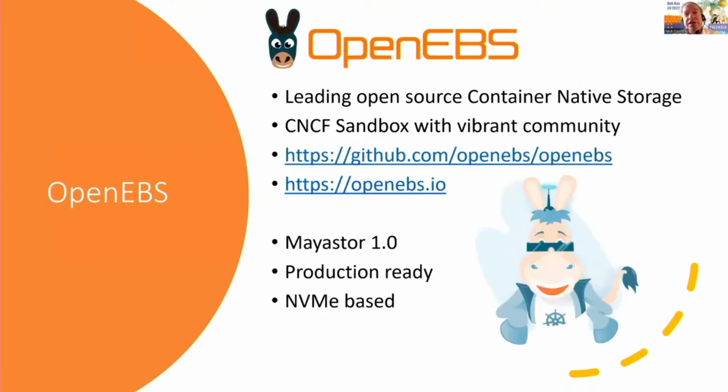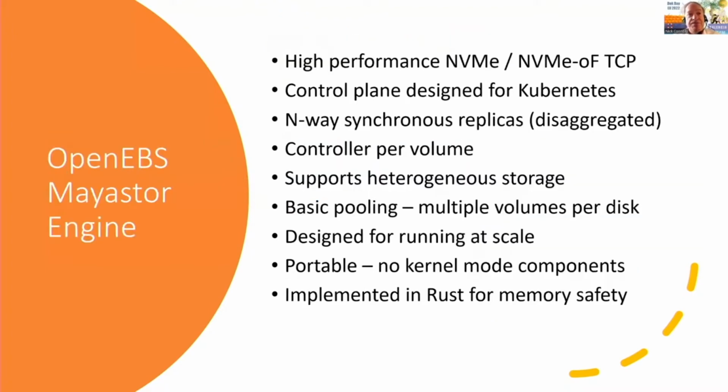OpenEBS is the leading open source container native storage solution. It's a CNCF sandbox project with a vibrant community that has recently released Mayastor 1.0, a production-ready NVMe-based storage engine. Mayastor includes a high-performance NVMe and NVMe over Fabrics stack built using SPDK and a control plane that is designed for Kubernetes.